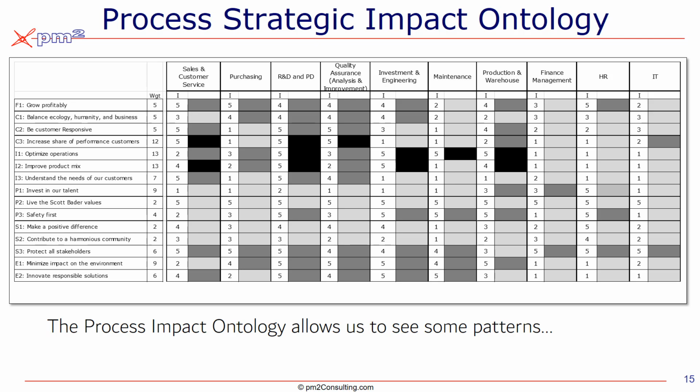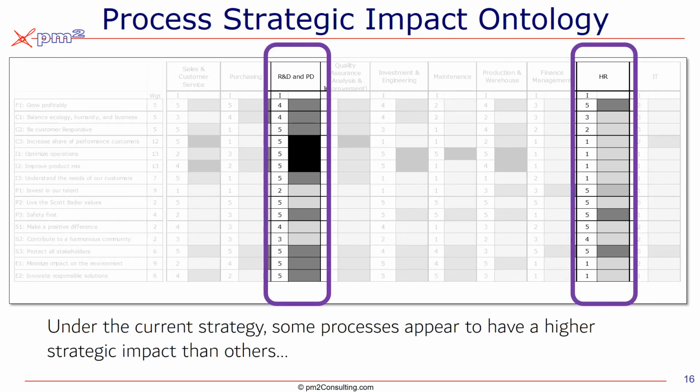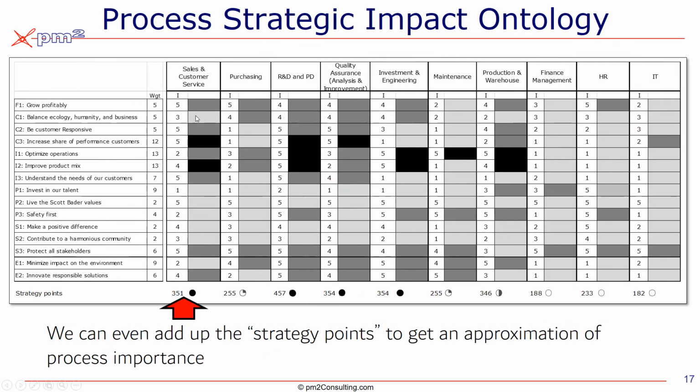Now we can begin to see some patterns. So for example, we can see that some processes have a lot of critical touch points, some not so many. In fact, if you had one team that ran both these processes, now they could begin to figure out across multiple processes where to spend their time. In fact, because these are just numbers, we can give you that score.